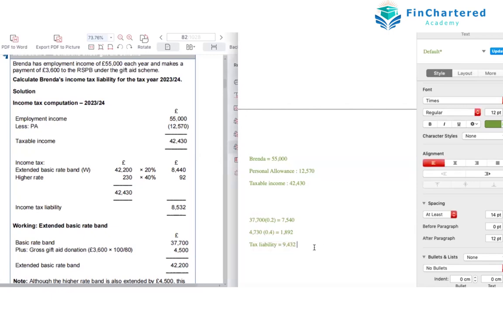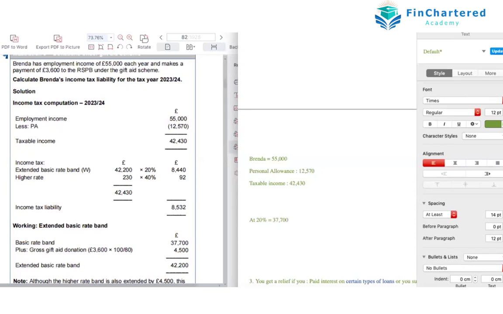Yes. Now, what happens is this. We will now find out how much of this 4,730 will move to the 20% category. So this entire calculation we will remove, because a little more will go in that 20% category. Right? So normally, how much is taxed at 20%? 37,700. But now, because you've made a charity donation, more amount will be taxed at 20%. And how do you do that calculation?